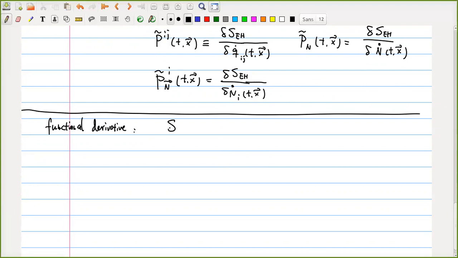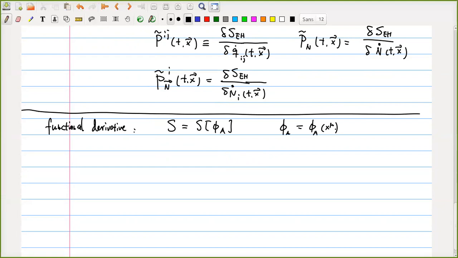Suppose we have an action. This action is a functional of some field phi with an index A, because maybe not just one field but a bunch of fields. So phi A is the field, which depends on space-time x or x mu.